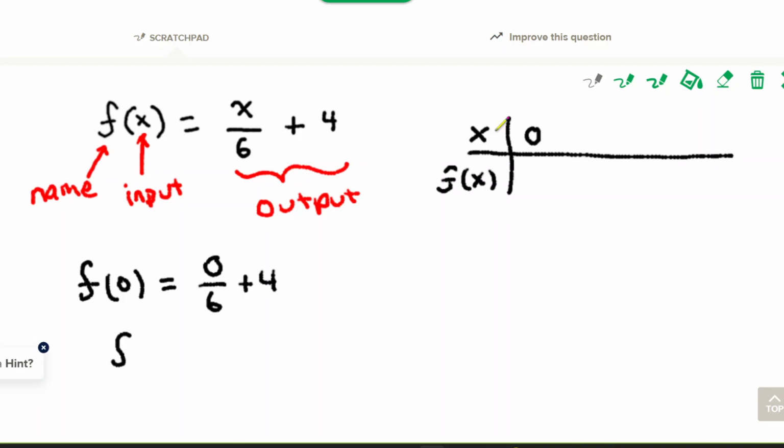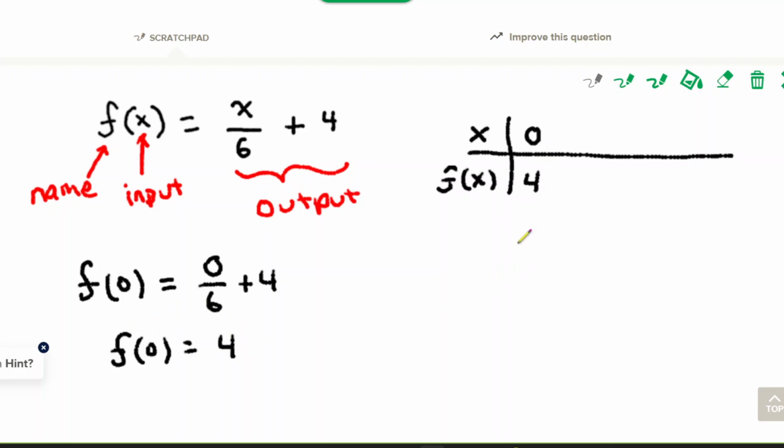And after simplifying, we get f of 0 equals, 0 divided by 6 is 0, plus 4 is 4. And then the output is 4. So input 0, output 4. And we would say that f of 0 is 4, meaning that when the input is 0 for this function f, the output is 4.